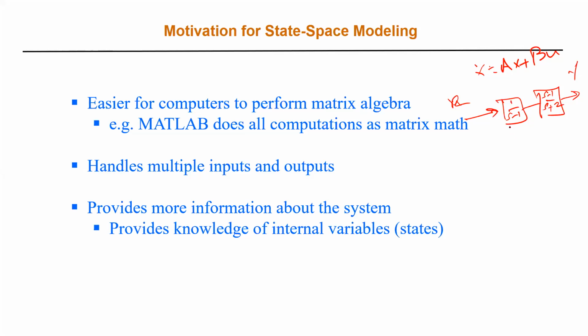But what will happen if I have an initial condition in the system? I cannot handle it. While for this system, look, this is a differential equation. To solve any differential equation, you need the input and you need the initial condition as well. So this model will handle the initial condition.